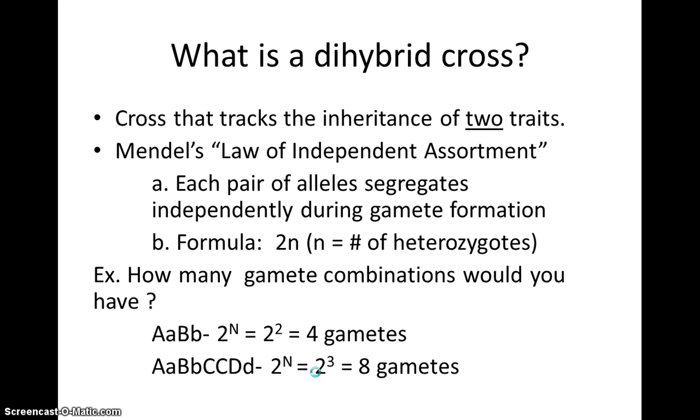So here we've got two different possible alleles, and that's going to be 4 gametes because we're dealing with 2 alleles. So 2 to the n, so 2 to the second power, that's 4. Here we have possible of 3 different alleles, because look, see, there are 2 of them. So 2 to the third, that means there are going to be 8 different gametes.